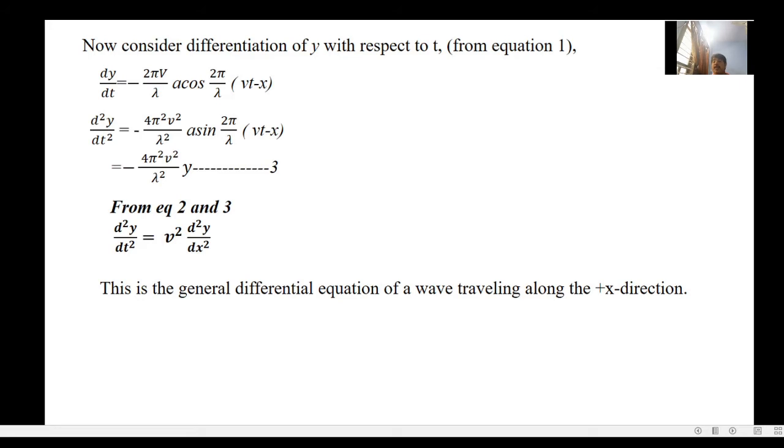The feature of this equation is that the coefficient of the derivative on the right-hand side represents the square of the wave velocity, so we need not solve the equation to obtain the velocity of propagation of the wave.